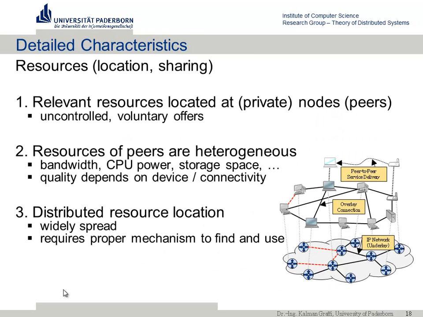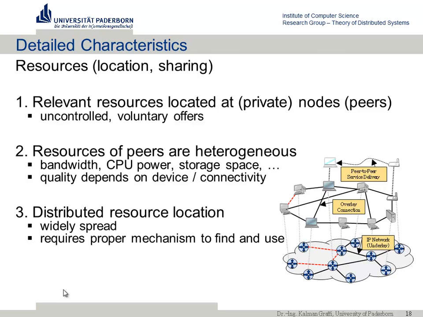Okay, so what are the detailed characteristics of peer-to-peer networks that go beyond the distributed systems? First of all, the resources are located at mostly private nodes, so-called peers.